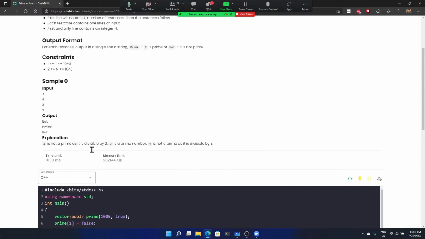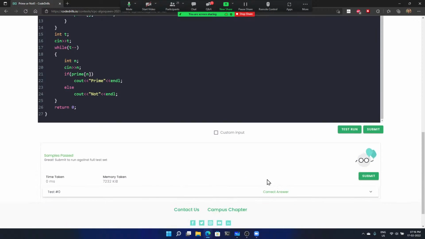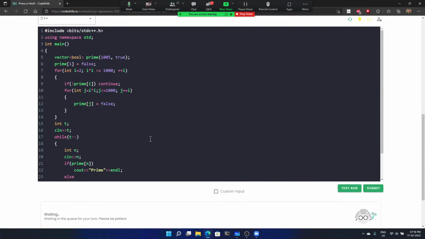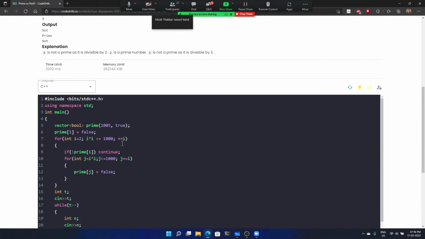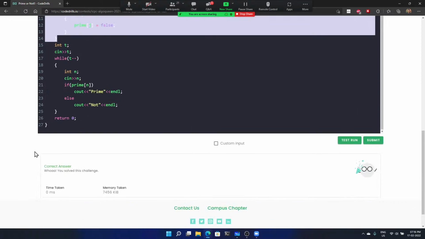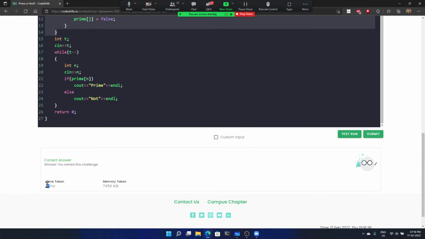Okay, yeah, it worked. Are you familiar with this code, did you understand it? We can also do a full submission and see if it works. Did you understand these two loops? Yeah, so this is correct. The time taken is super fast.